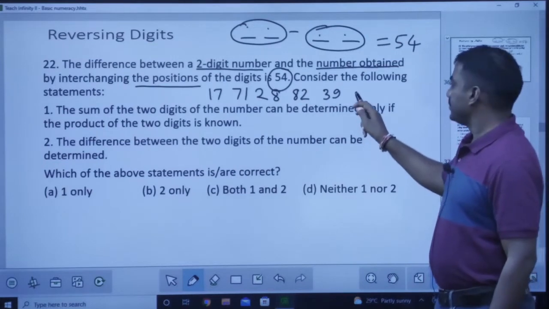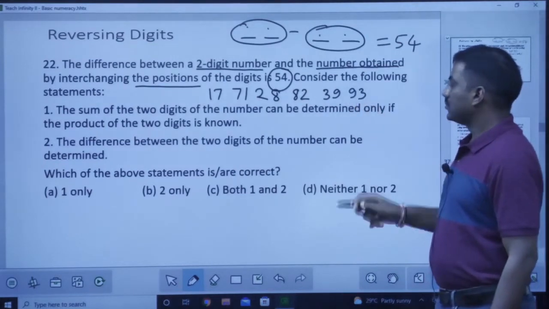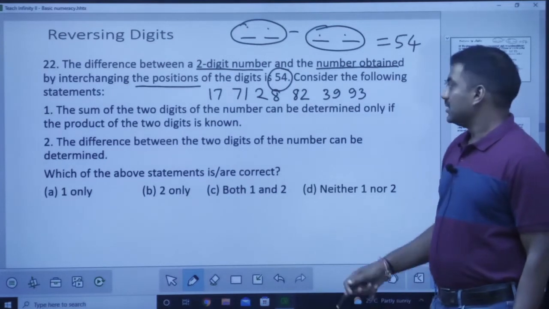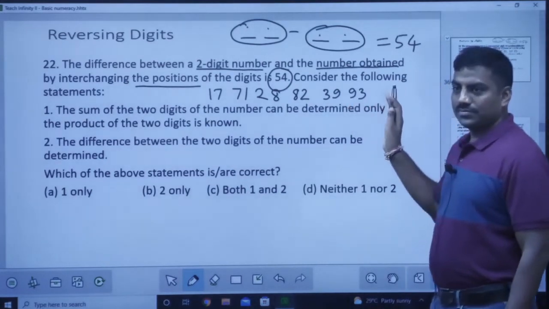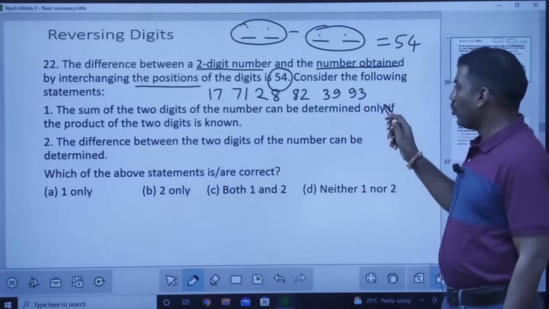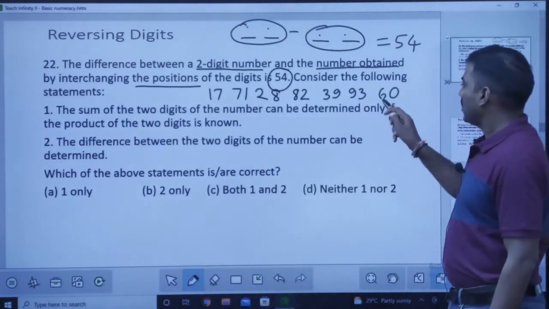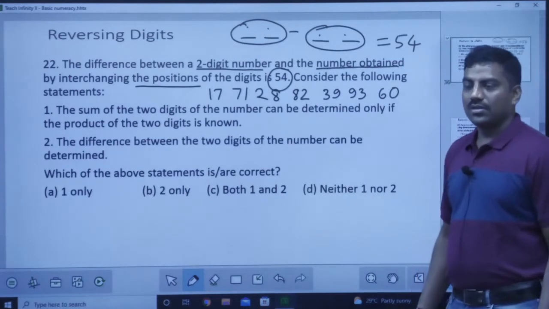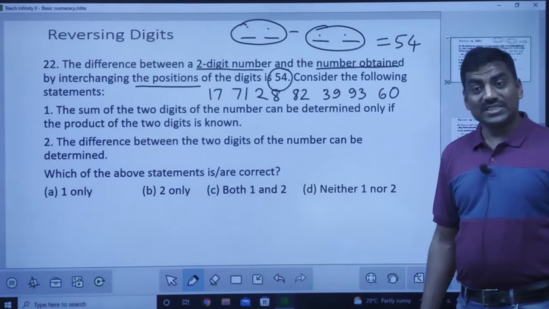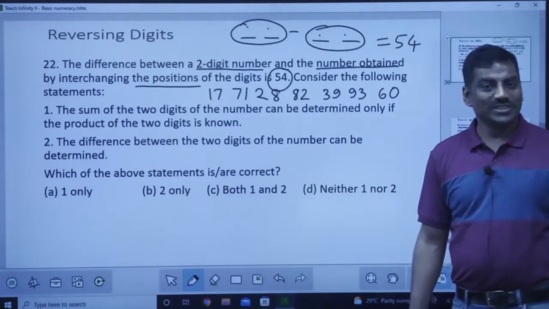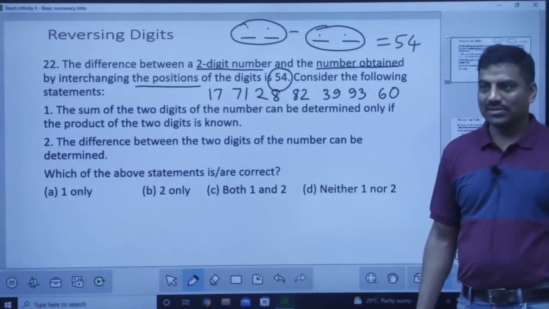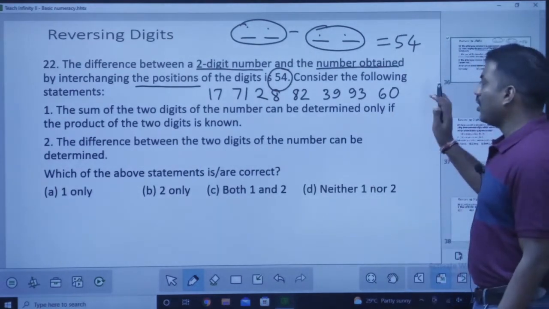One more number is there. See, if you go with 4, 4 plus 6 is 10, you cannot write. One more number is there. Reverse it. 06. But 06 is not a 2-digit number. 06 is always a 1-digit number. Okay. So we have these many options.